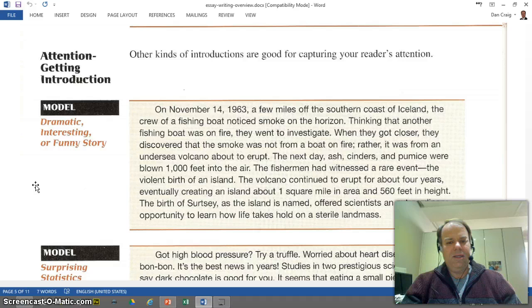Now if you take a look at this example, they're talking about the experience that this boat crew had on seeing essentially this island grow out of nowhere. But in the end, the actual thesis is this offered scientists an extraordinary opportunity to study how life takes hold on a sterile landmass.